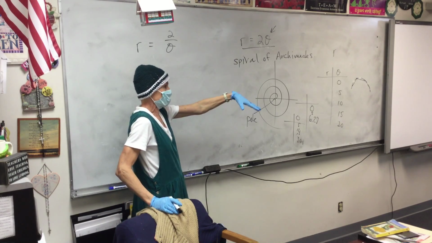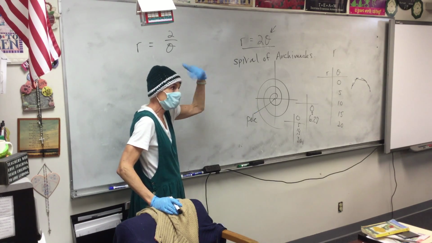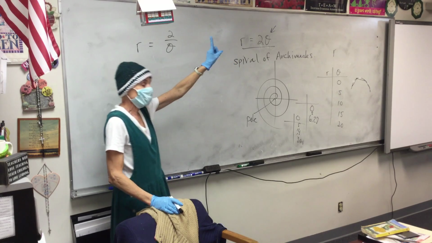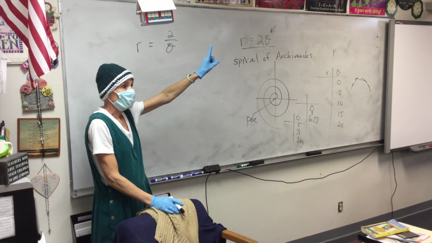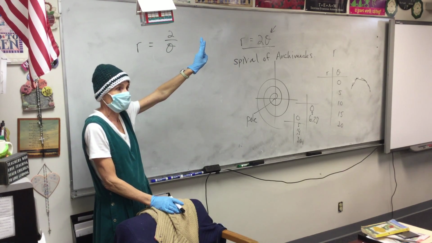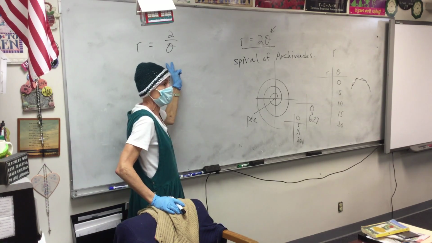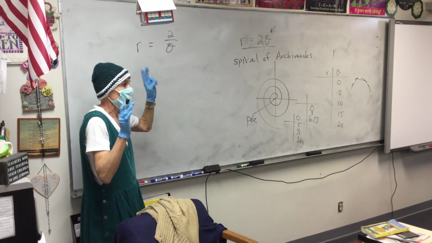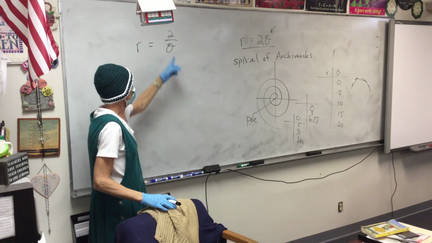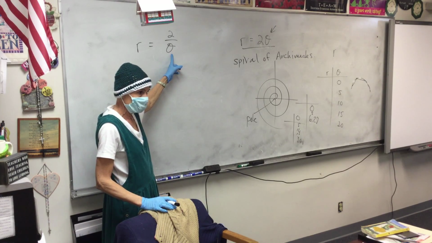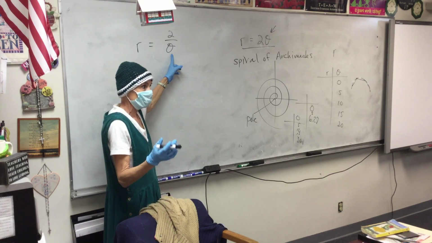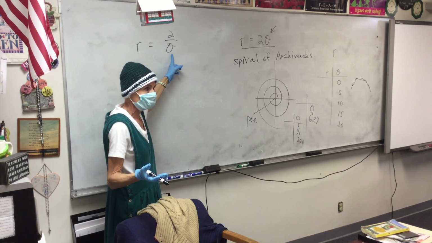Before you hit graph, though, I want you to think about this. I want you in radians, and I want you still going 10 revolutions. So the max should be... Okay? But I want you to think about what this equation is doing. Boys and girls, we're going from 0 to 60, basically.